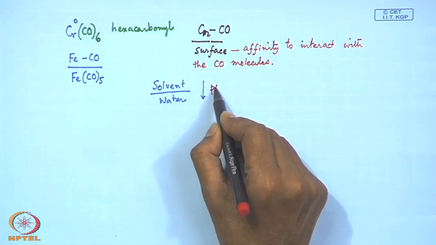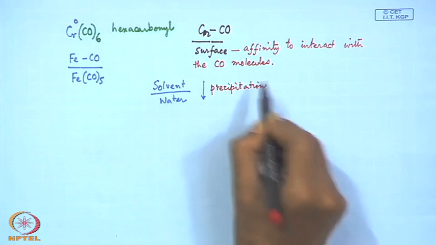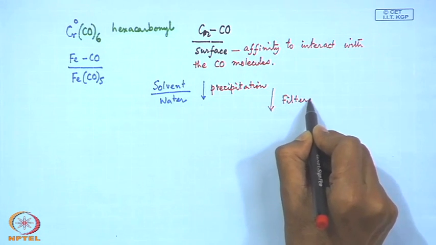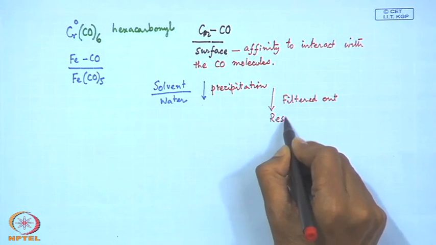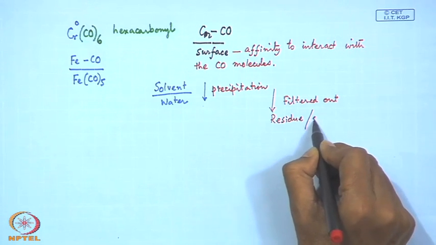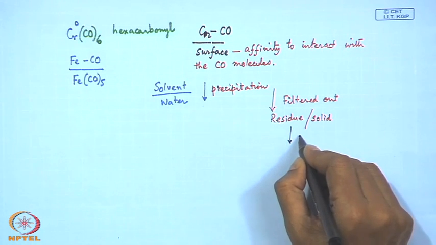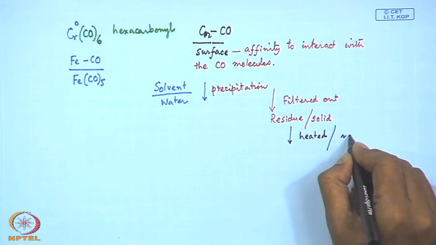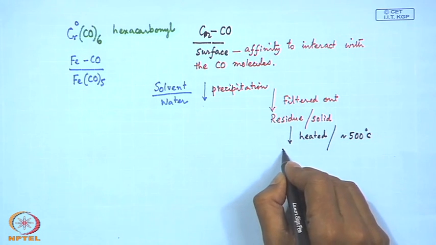So, we have the precipitation, which can be filtered out, we get the residue as a solid product, we dry it and then we heat it at a particular temperature, say about 400 or 500 degree centigrade, giving the useful catalyst.